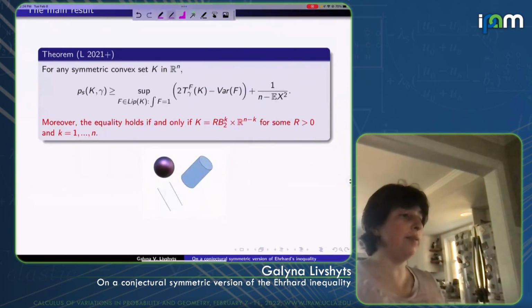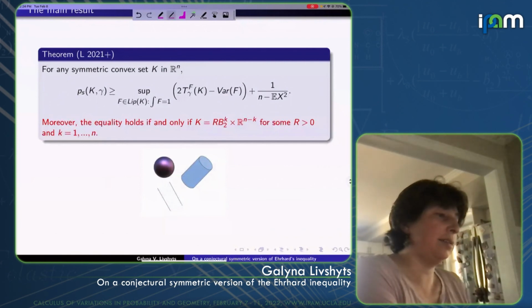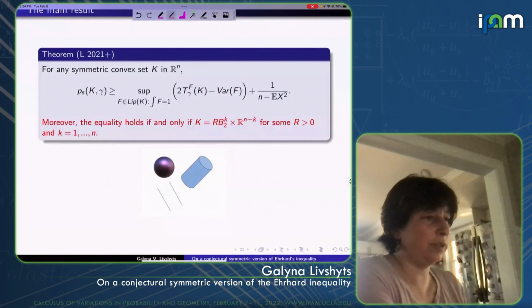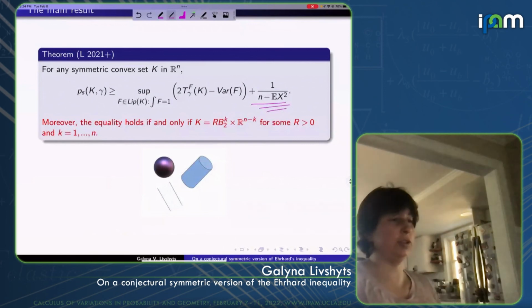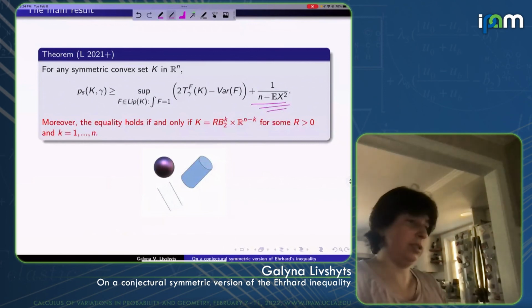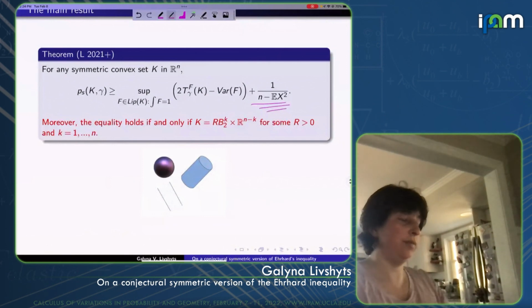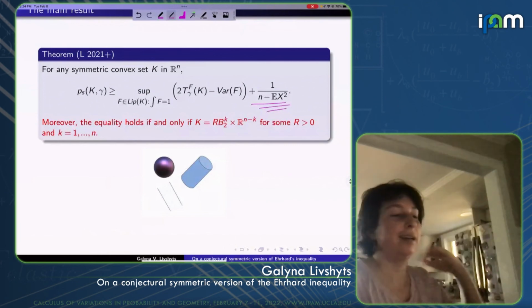So I was able to show that this concavity power is bounded from below by double the torsional rigidity of K minus the variance of the function f plus this additional factor. Here f can be taken to be an arbitrary Lipschitz function whose integral is 1. Moreover, the equality in that estimate is attained if and only if K is a k-round cylinder of some radius.